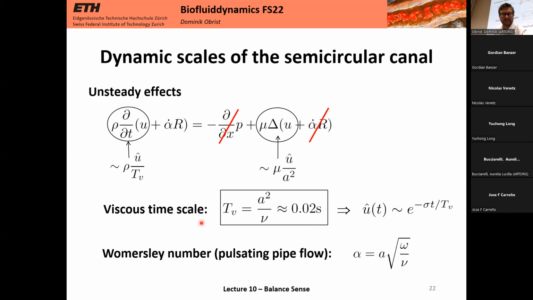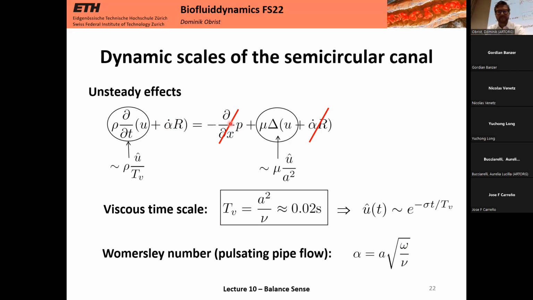This is why this limiting time scale, T_V, has a lot to do with Womersley flow. A well-operating semicircular canal is in a regime of low Womersley numbers, Womersley 1 and below. As soon as the Womersley number inside the semicircular canal goes above 1, it stops working properly. So this is what we can derive by doing a simple balancing of terms in the momentum equation here.